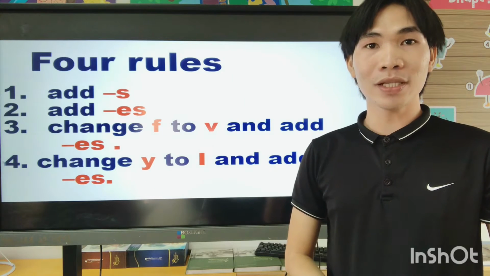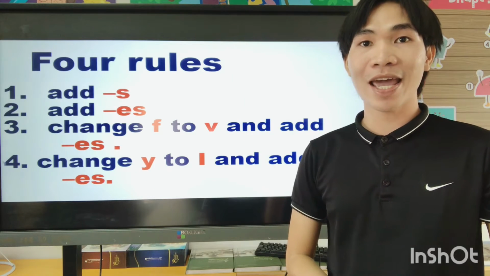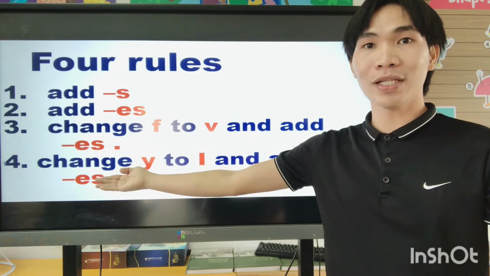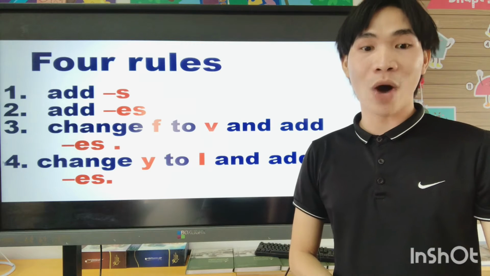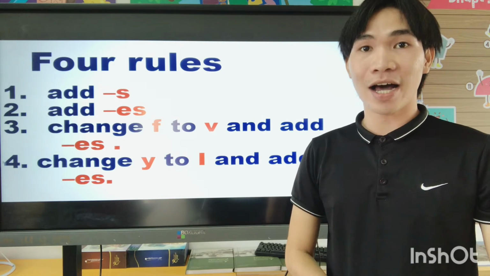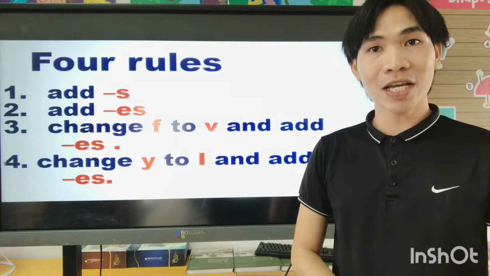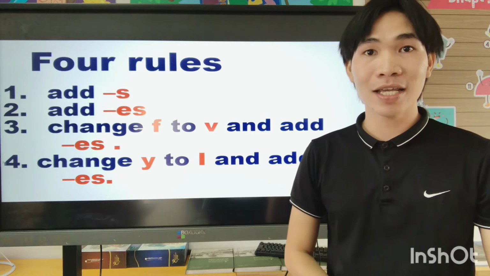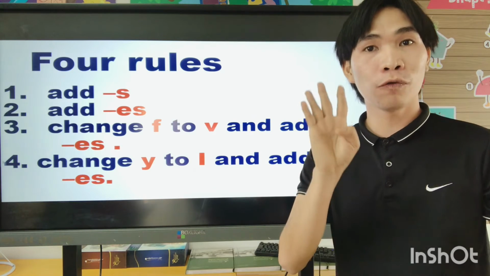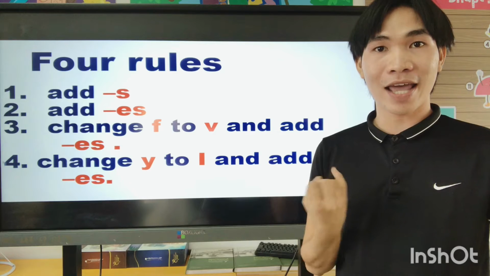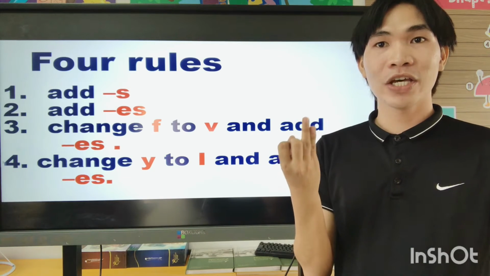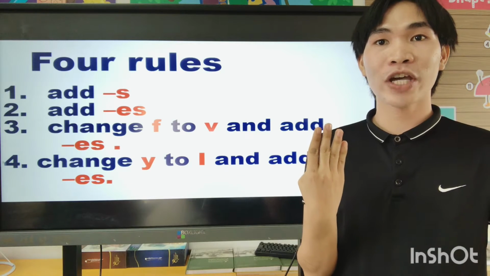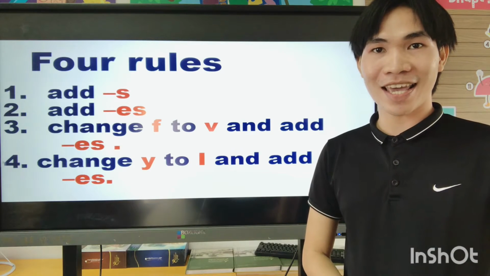The fourth rule, we have to change y to i and add es. Again, four important rules: add s, add es, change f to v and add es, then last, change y to i and add es.